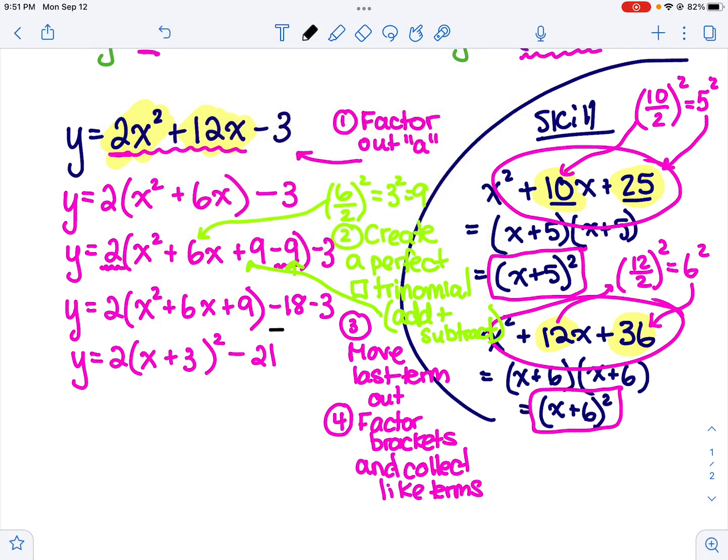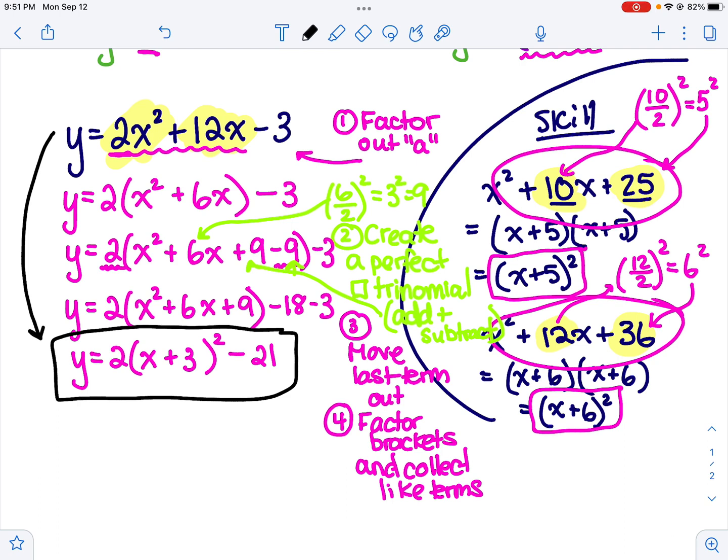Okay, so there is our equation in vertex form. So this is the method called completing the square. It takes a standard form and converts it to vertex form through a series of steps. And now we know that the vertex is negative 3, negative 21.